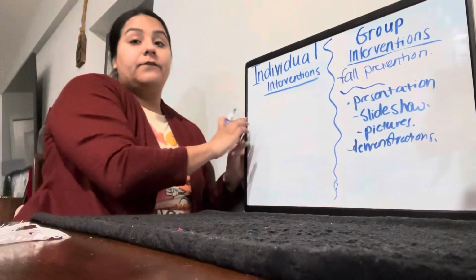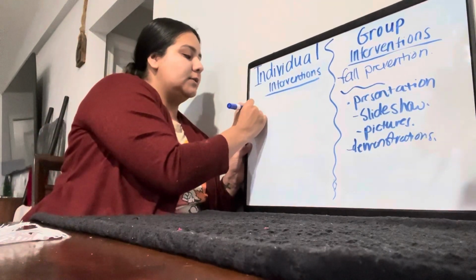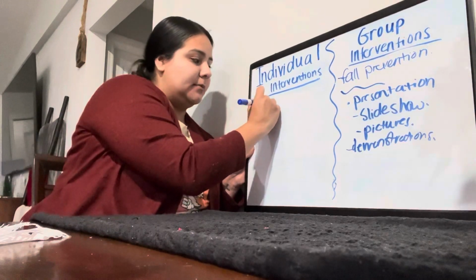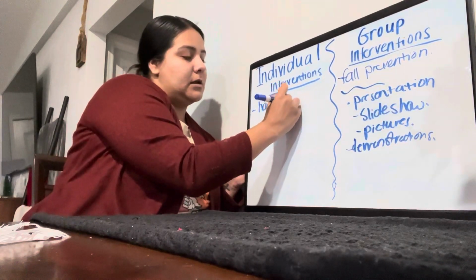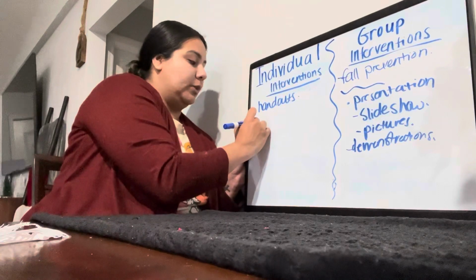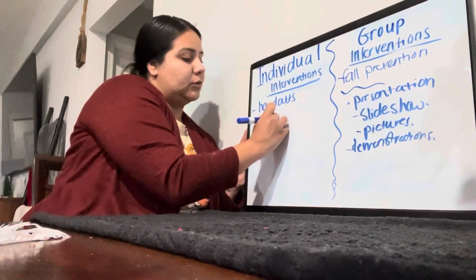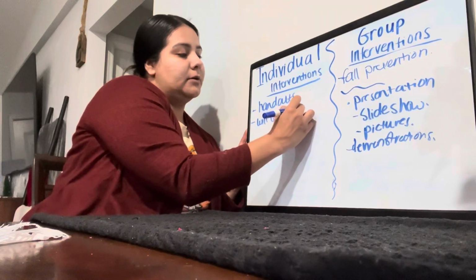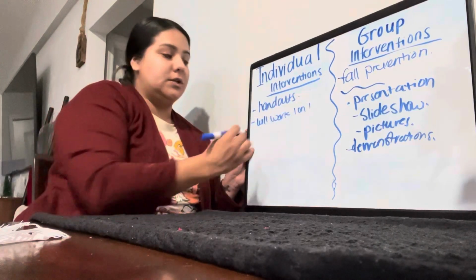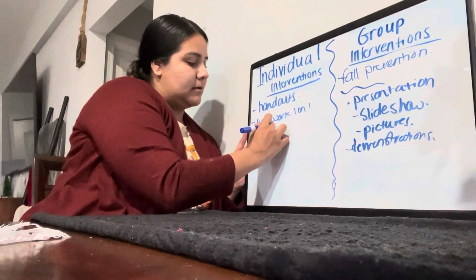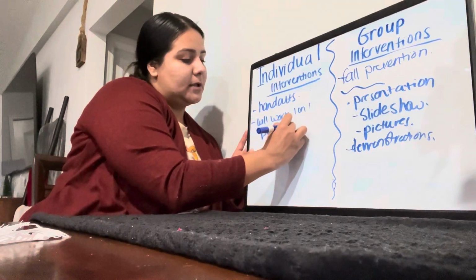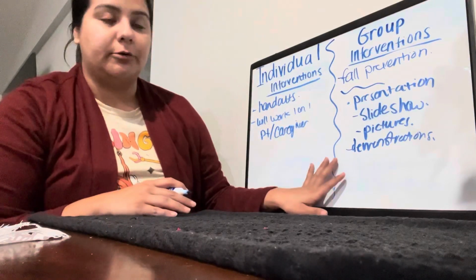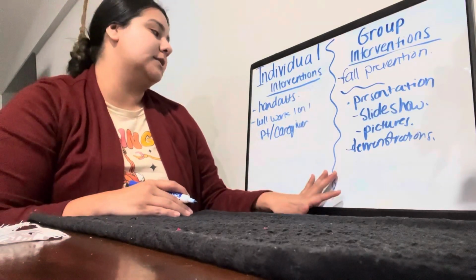So for an individual, most likely it will look like a handout that you will provide to them. You will work one-on-one with either the patient or caregiver to work on how to decrease those falls.